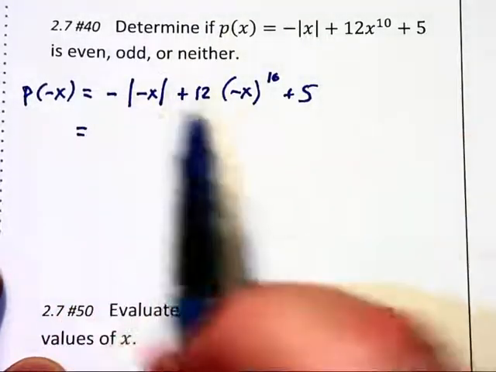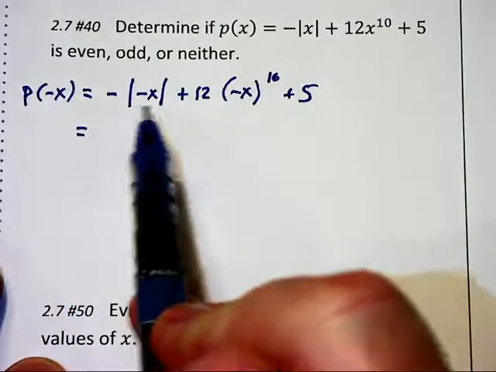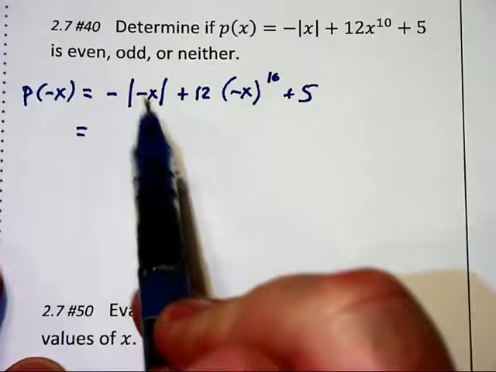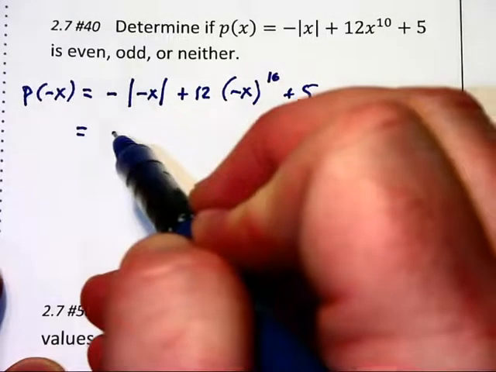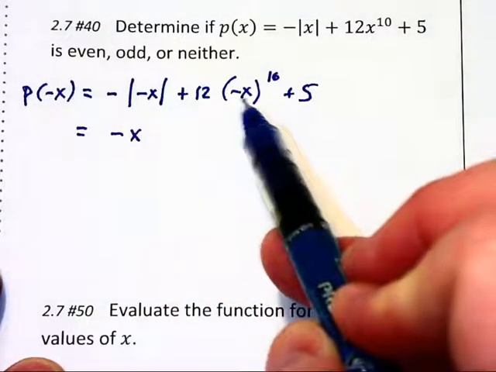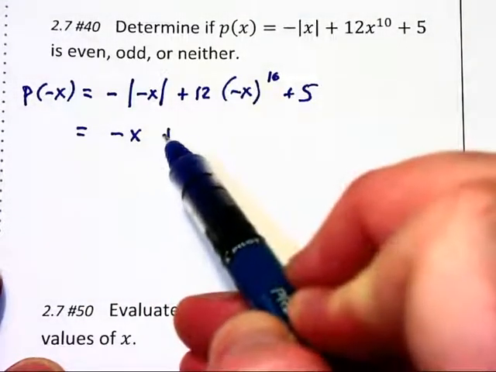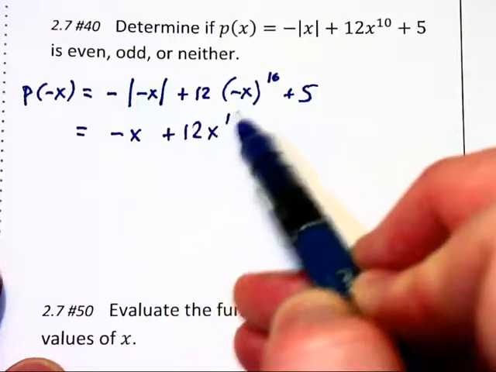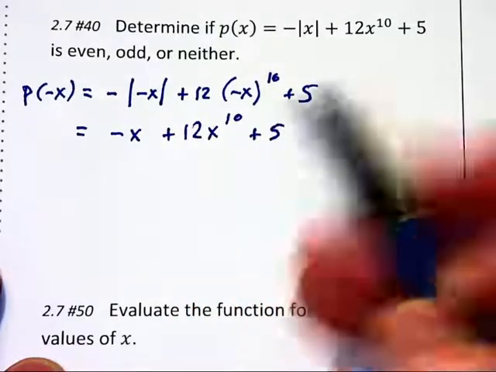Let's simplify what we have here. The absolute value of negative x is just the absolute value of x, and then we have the minus in front, so we have negative absolute value of x. A negative to the 10th power is positive, times a positive 12 makes plus 12x to the 10th, then plus 5.